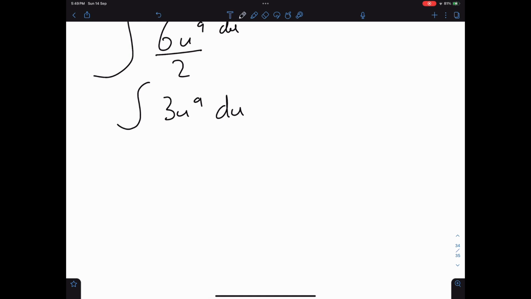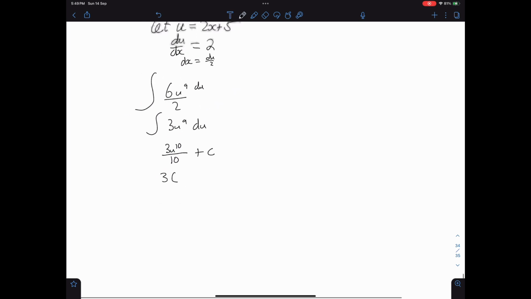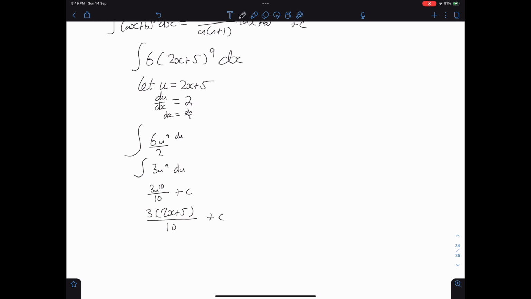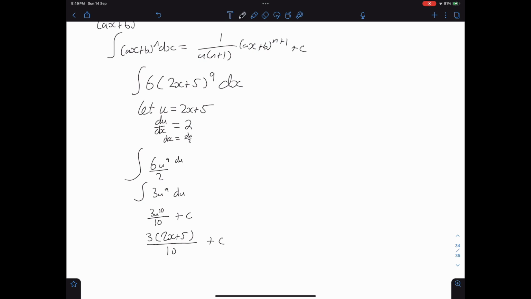And now we can apply the reverse power rule, and then replace u with the original expression. So that 1 over (n + 1), we've multiplied our integral has got a 6 there, so we'll remove that 6 away, and then that would leave us with just 1 over 20, because 3 over 10 is 6 over 20.